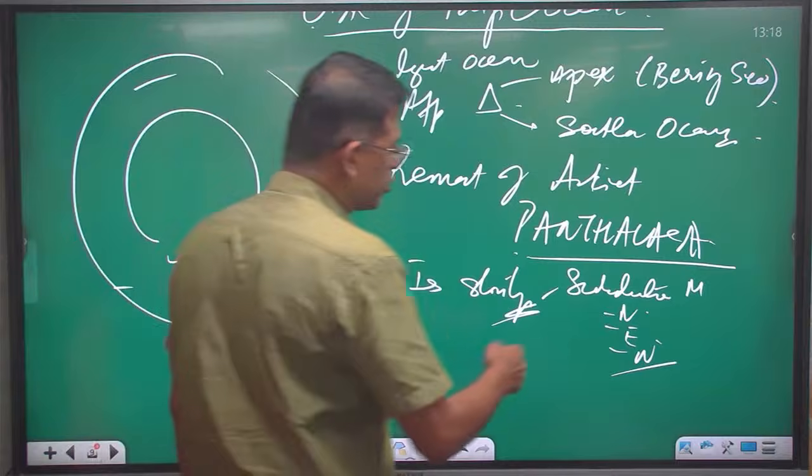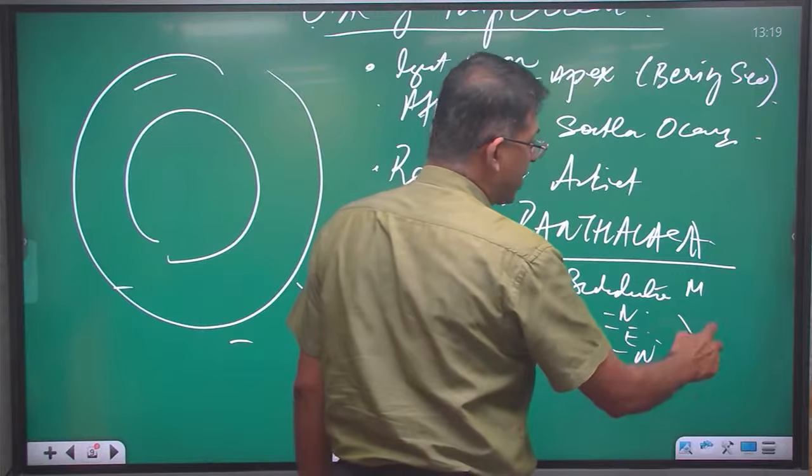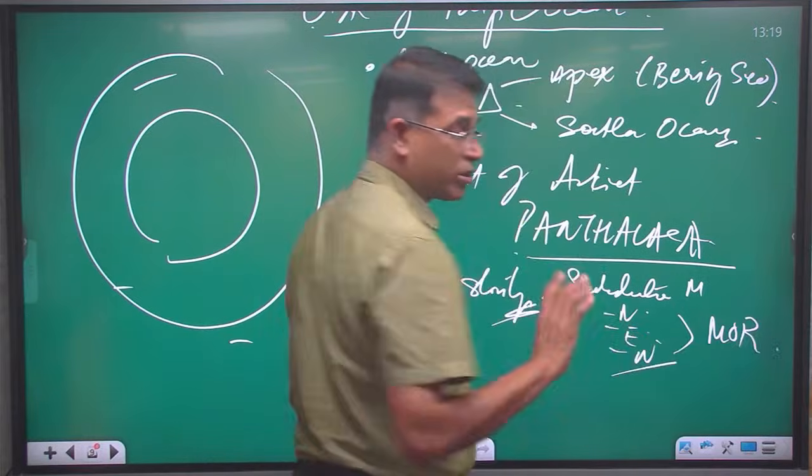So the trenches of the north, east and west are more active than the Pacific ridge system.